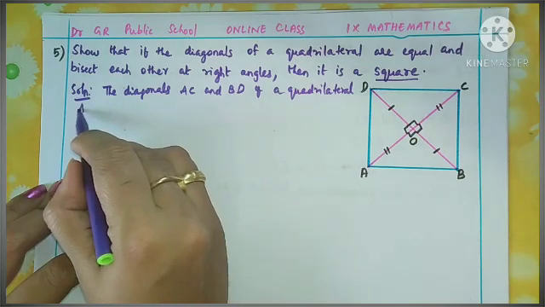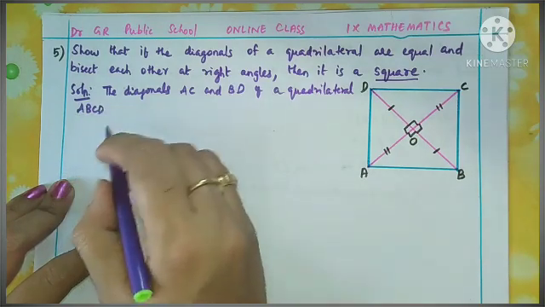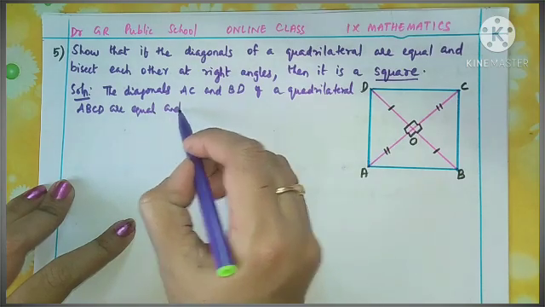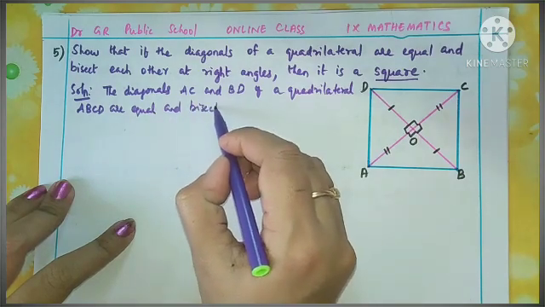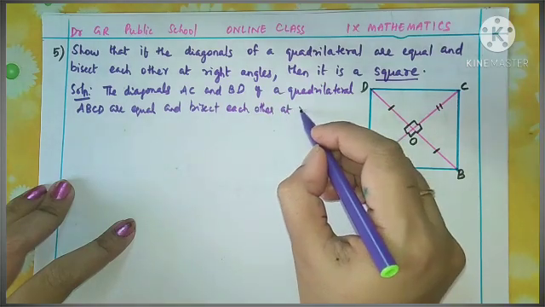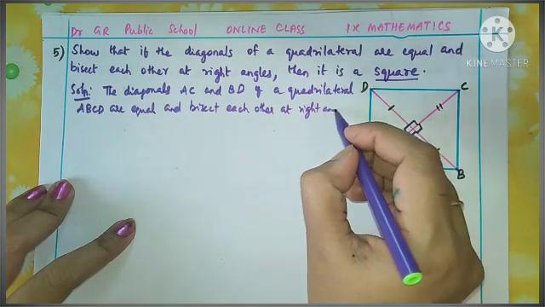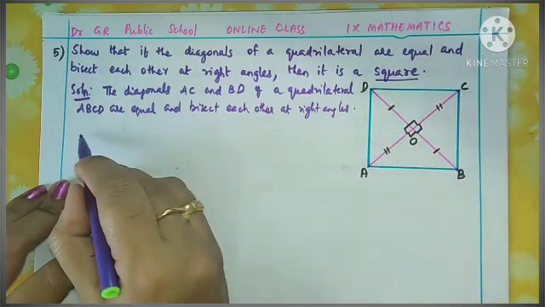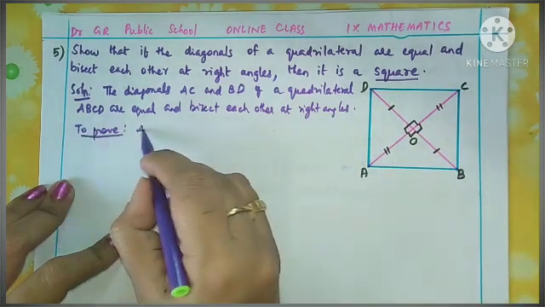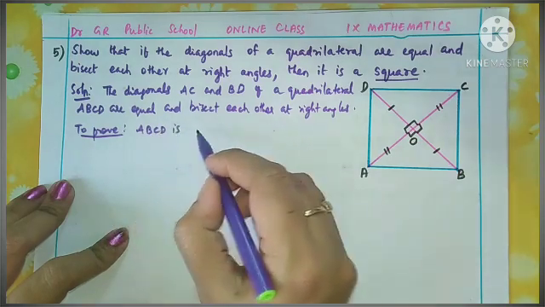So the quadrilateral ABCD, the diagonals are equal and bisect each other at right angles. So this is the given condition. We want to prove this quadrilateral ABCD is a square.